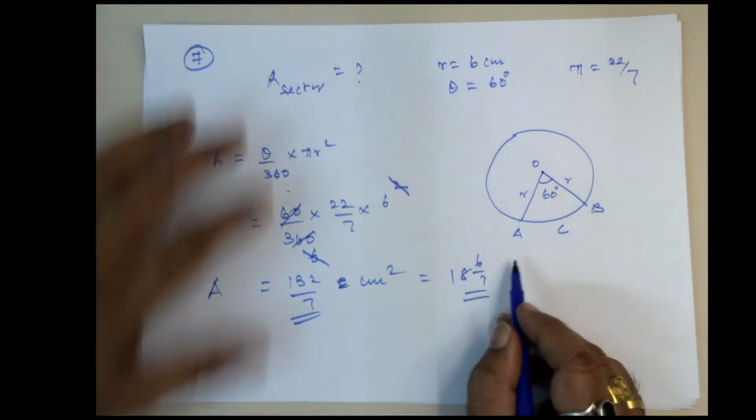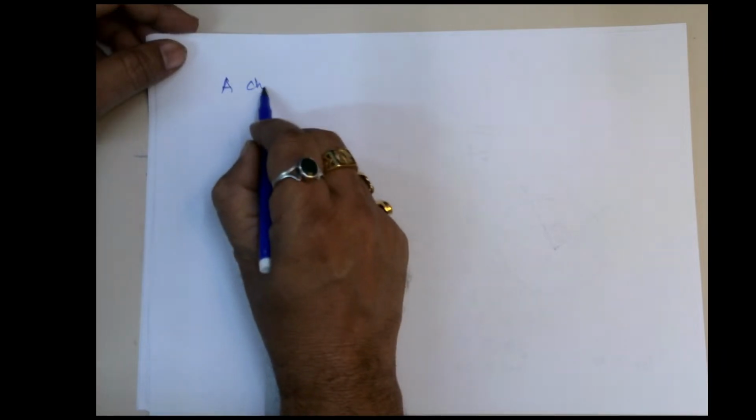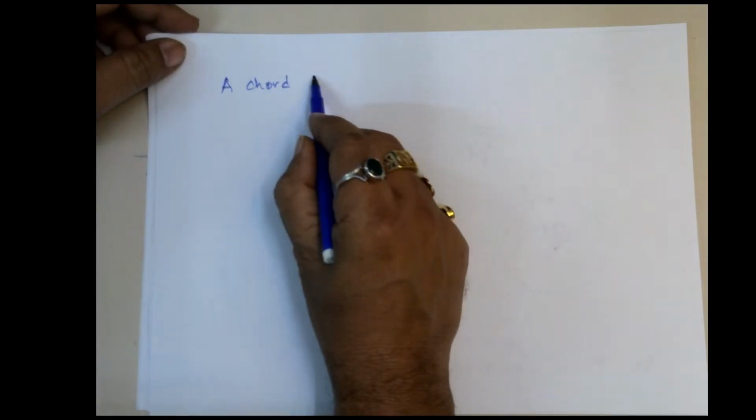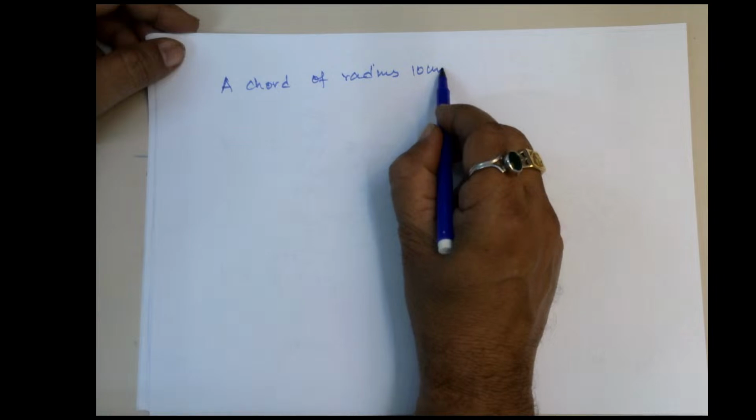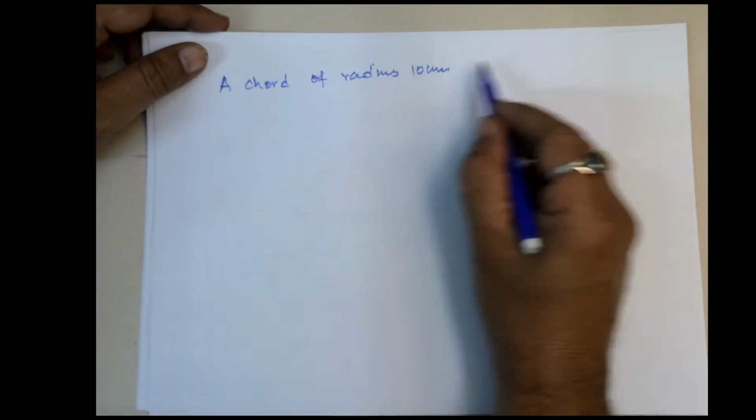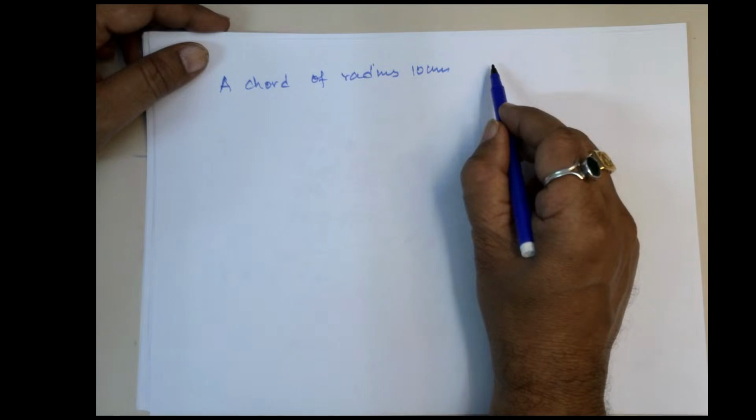Next. A chord of a circle of radius 10 centimeter subtends a right angle, so it subtends a right angle.